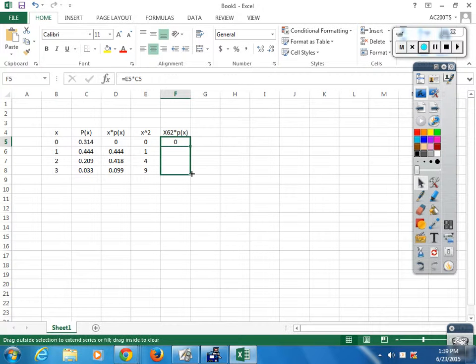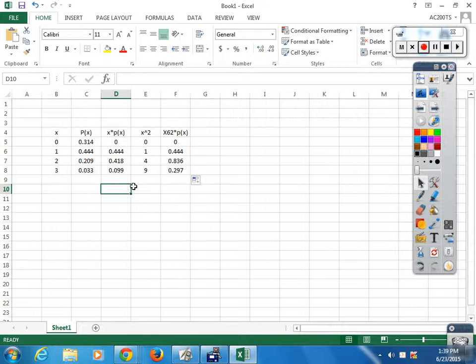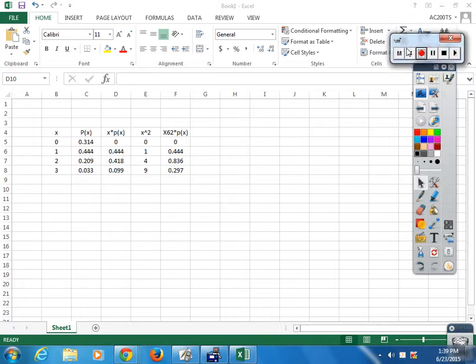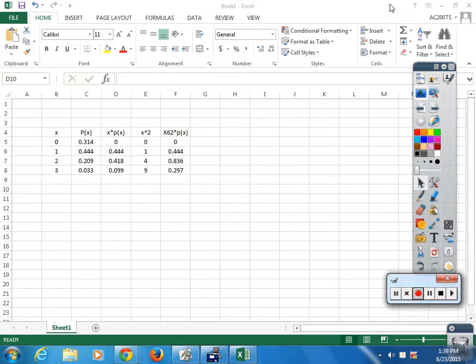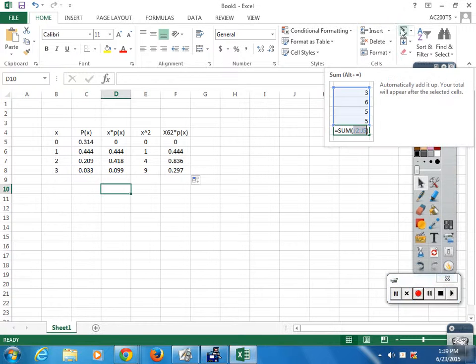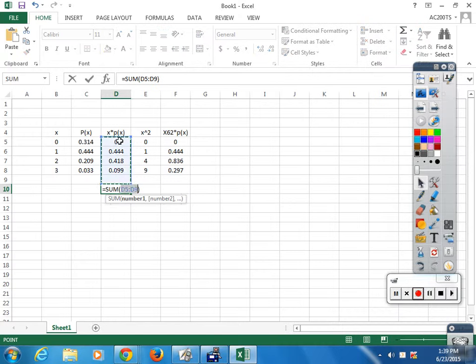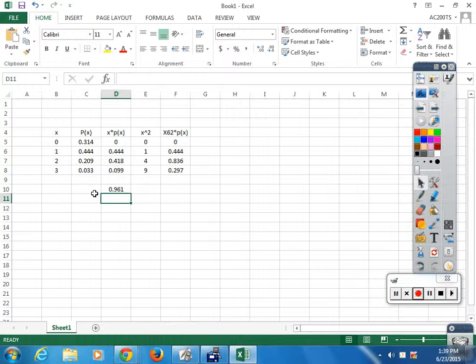Which ones do we total up? X times P of x. And when we total up x times P of x, what does that give us? The what? The mean. Good job.